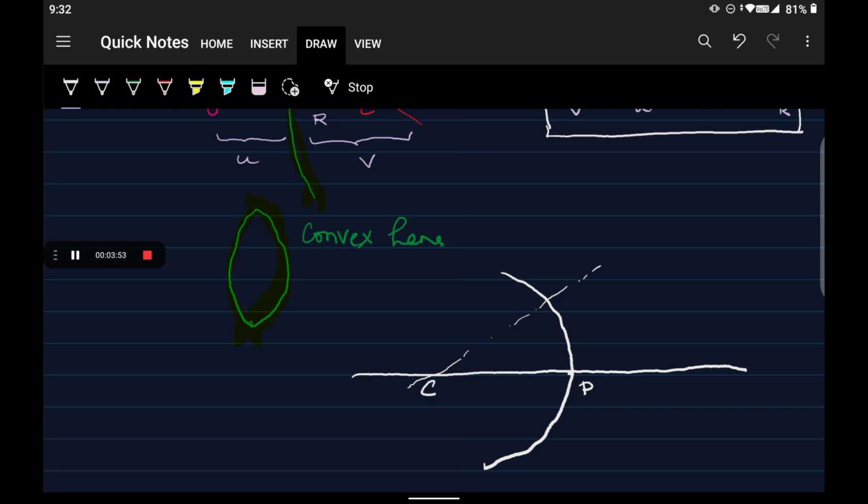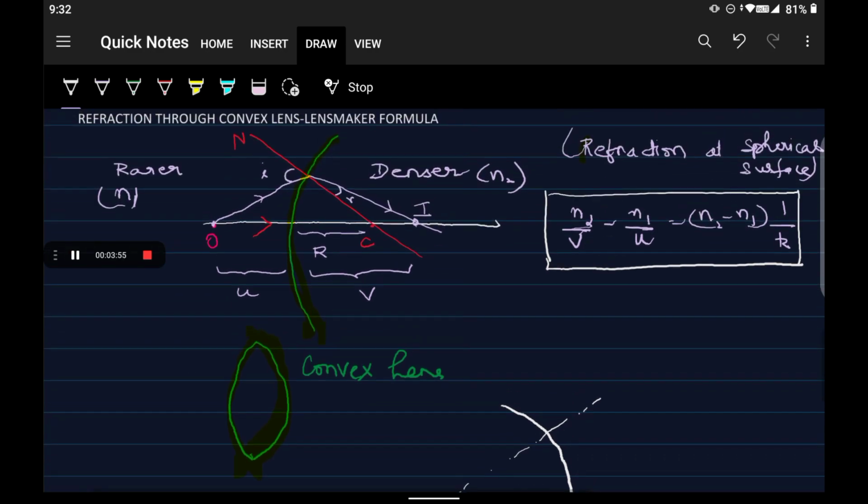As you know very well, if you compare with your previous diagram, the object distance is U and the image distance is V. This image distance V, I am now going to take as V1, since for two refracting surfaces there will be two image distances. To differentiate the image distances, let me take V1 for the first refracting surface and V for the final refracting surface.